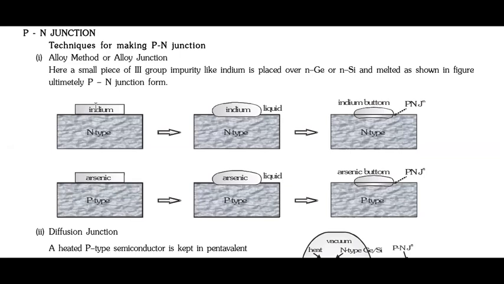The first is the alloy method, or alloy junctions, in which we form a kind of alloy of both P and N type semiconductor. If you see the third diagram, here we have a small junction, which is basically the intersection of both P type and N type.